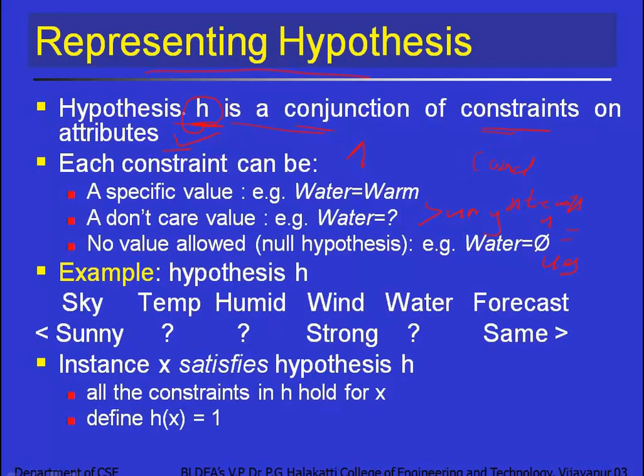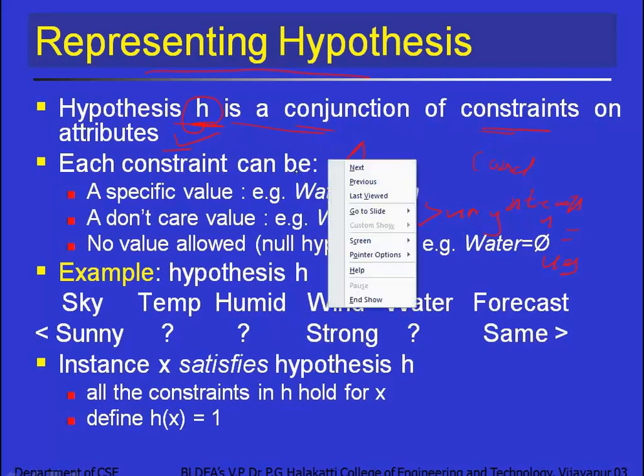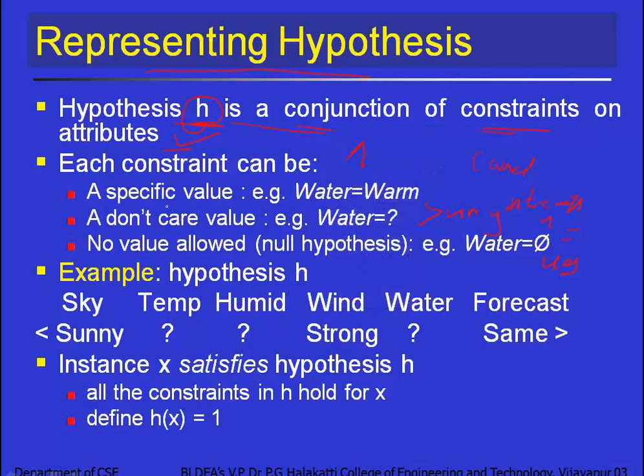Hypothesis is a rule, or a conjunction of constraints on the attributes. Here each constraint can be represented as a specific value, you can represent it as a don't care value, or you can represent it as a null value. So you must remember these things.